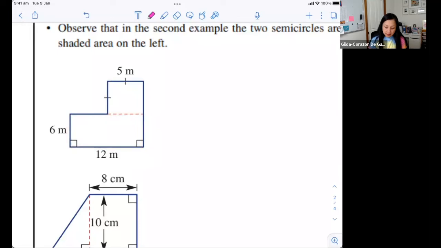So I could assign this as area 1 and area 2, and for me to figure out the area of that composite shape, I could say that's just area 1 plus area 2. We know that for us to get the area of a square, that's simply 5 times 5, or 5 squared. And then we add 6 times 12.